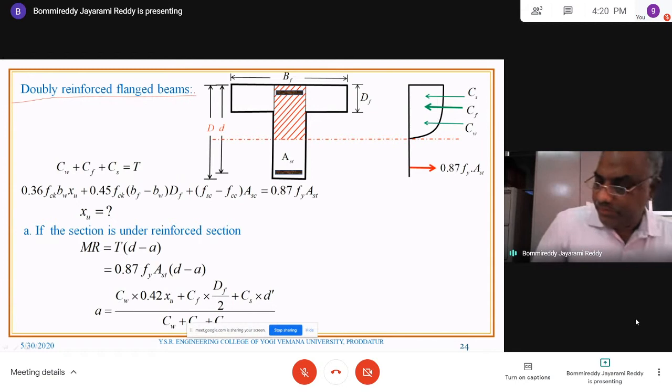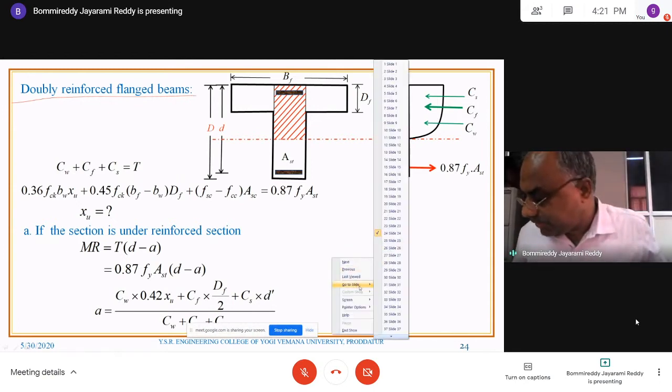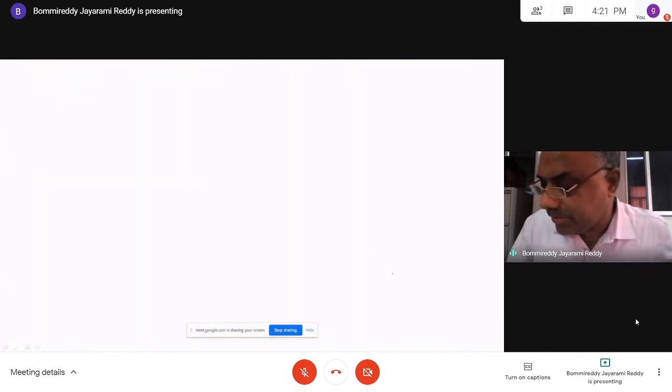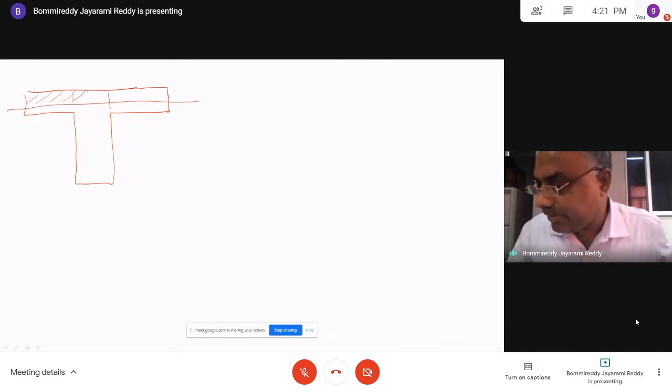So here in case of T-beams, I will spend 2 minutes regarding the overall picture. Just try to understand this. Here we are going to take the very first case, where the depth of the neutral axis is within the flange.